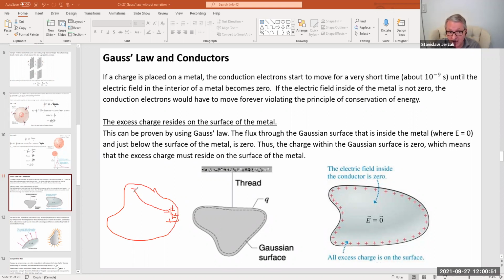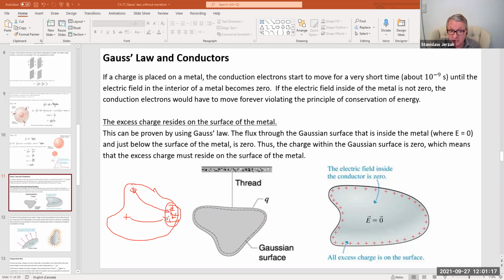But this atom, after losing an electron, would become positive. Now maybe this electron from here would move, being attracted by that positive charge, and neutralize some of it, and this atom, after losing an electron, would become positive. So again, only electrons would move, and that positive charge which I initially placed here would be redistributed by the motion of electrons.